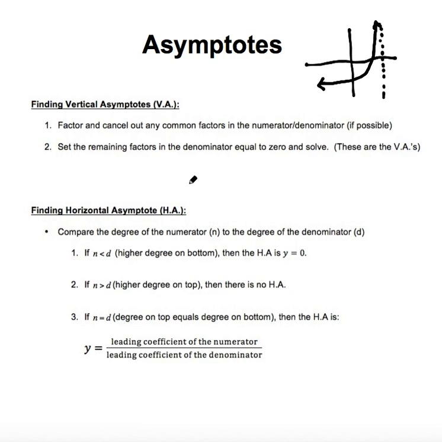Then the second step is to set the remaining factors in the denominator equal to 0 and solve. Whatever factors are remaining in the denominator, when you solve those, you're going to get your vertical asymptotes. And the vertical asymptotes are always going to be of the form x is equal to some number. For example, in my drawing, if this x value were 4, my vertical asymptote would be x equals positive 4.